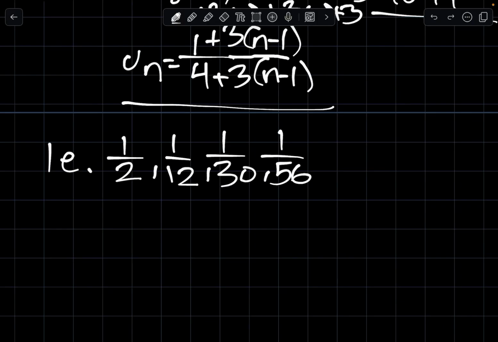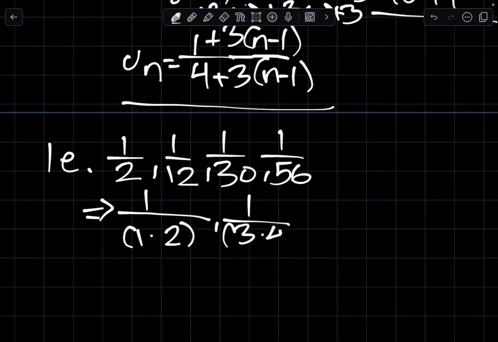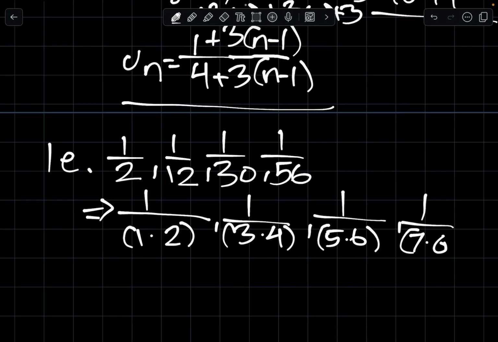Sometimes we have to just look outside the box. Let's write these numbers as multiplications. So you have 1 times 2, then we have 3 times 4. Look at that, we're getting somewhere now. Let's continue. We have 5 times 6, and then 7 times 8.